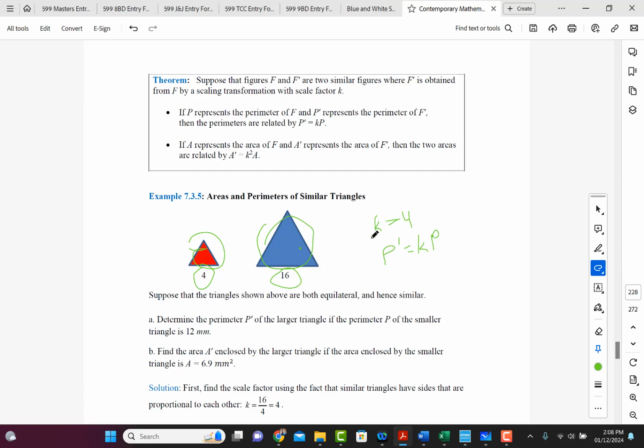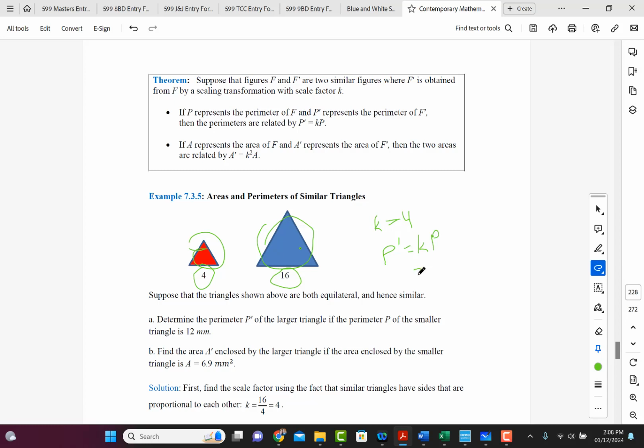But in this case, we're assuming enlarging, right? So in this case, k is 4. So if we wanted the perimeter of the larger triangle, all we have to do is take the perimeter of the smaller triangle, which is 12, and multiply by k, which is 4.